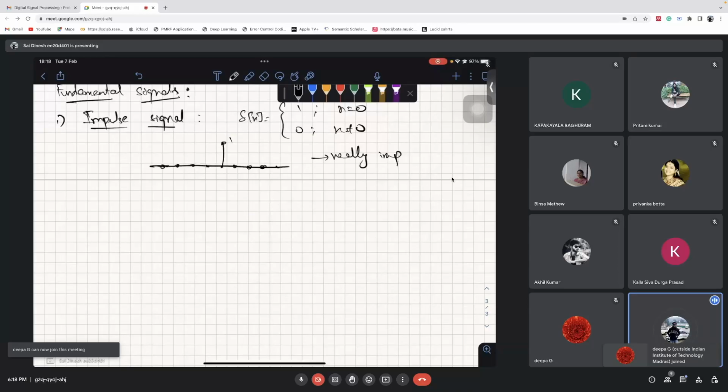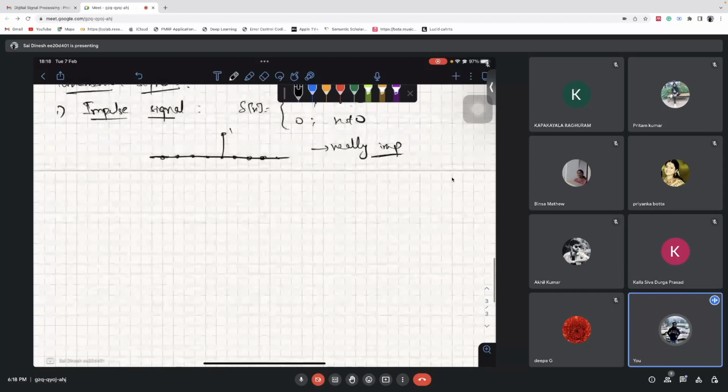If it is a linear system, then we can characterize the system by its impulse response, how the system responds to an impulse signal. This is a very important signal that we'll see throughout the course.